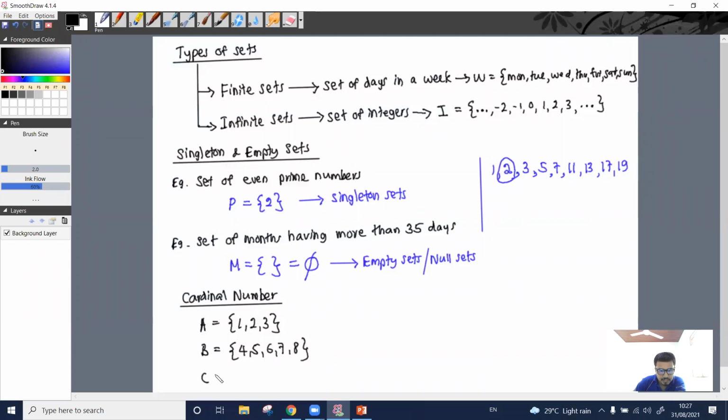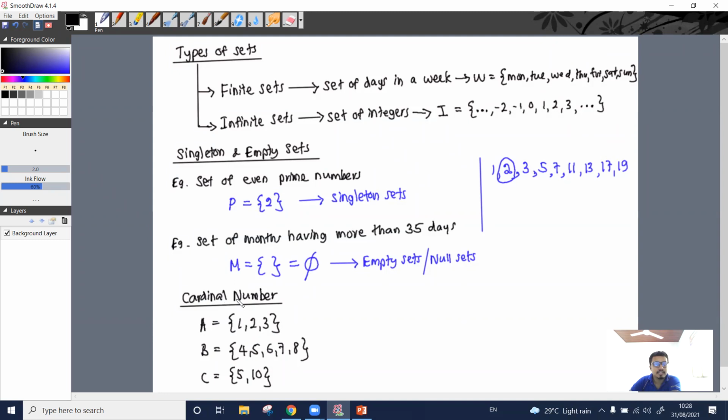And set C equals 5 and 10. What is the cardinal number of set A? You know the answer.